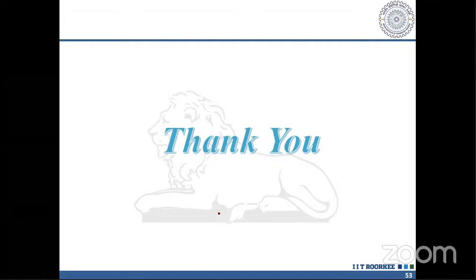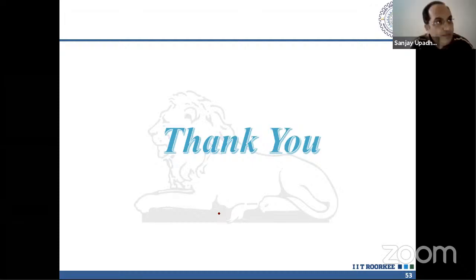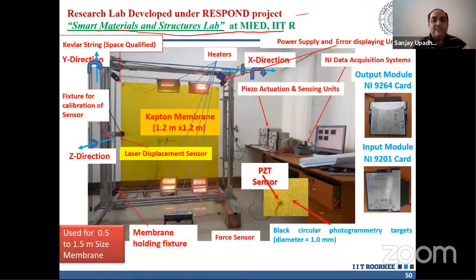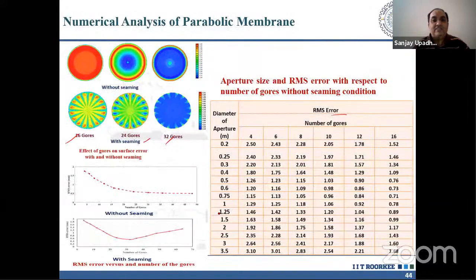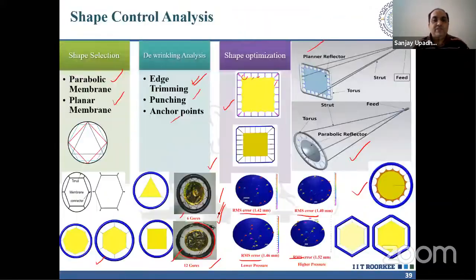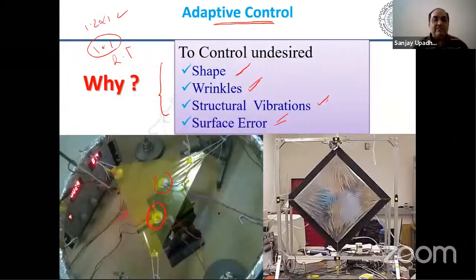One question is from Jay Kumar. How is the criticality of an inflatable structure of spacecraft assessed for its certification? How is life assessment done? Yes, as I already showed in the challenges, it is still an unexplored area.